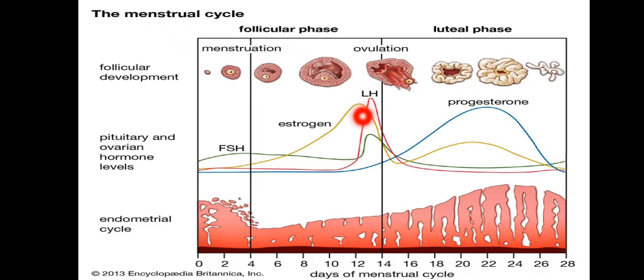Then you can see that the levels of estrogen are high in the follicular phase, because of the glandular cells which are producing estrogen, which is bringing about the regeneration of the endometrium lining here. And then progesterone is always high from day 14 to day 28, because of the corpus luteum which was producing it.